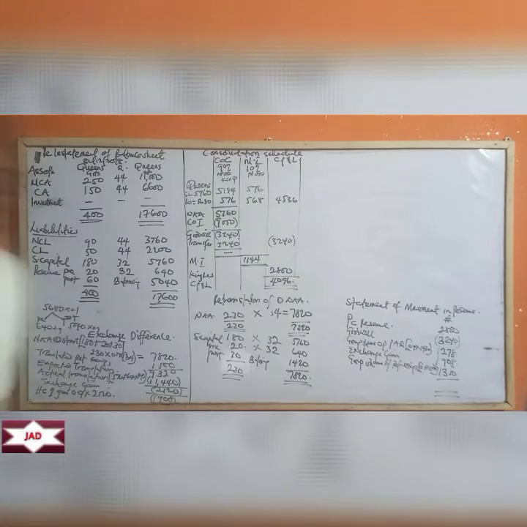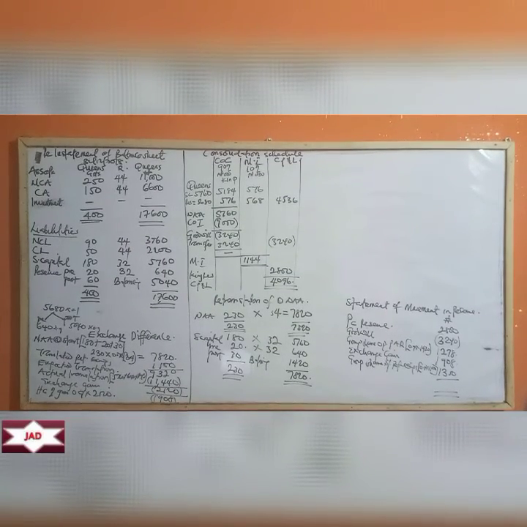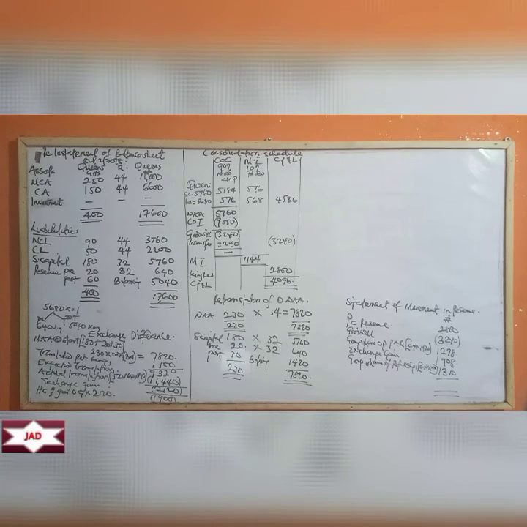So let's go. 2,800 plus 3,240 plus 1,278 plus 1,908 plus 1,350. Don't forget that the 3,240 is negative.